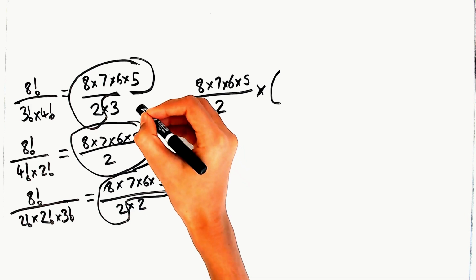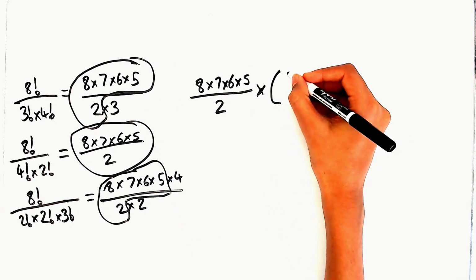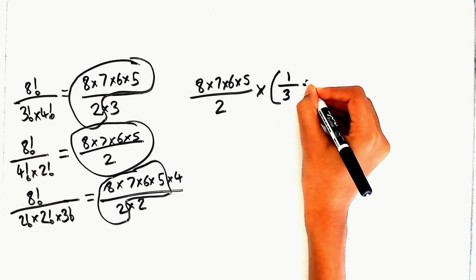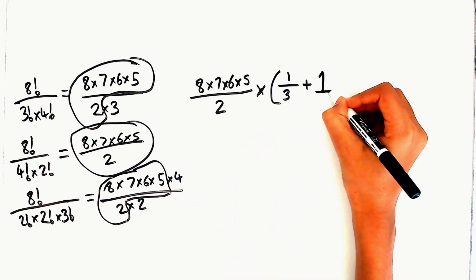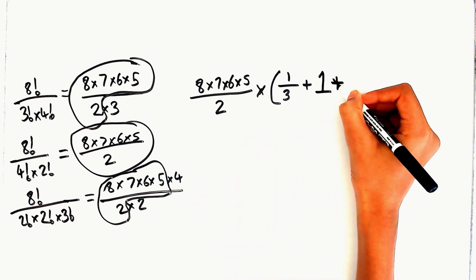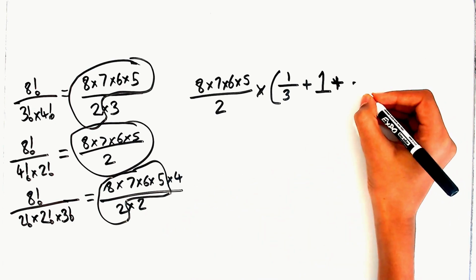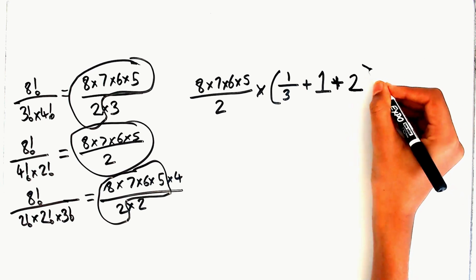So let's go to the first. So we don't have anything at the top. So that means we can just keep it as 1. So do 1, and we have 3 at the bottom left, so 1/3, plus, we don't have anything here, so we can technically just write it as a 1, plus, there's a 4 and a 2, so 4 divided by 2 is technically 2, so we can just write 2.